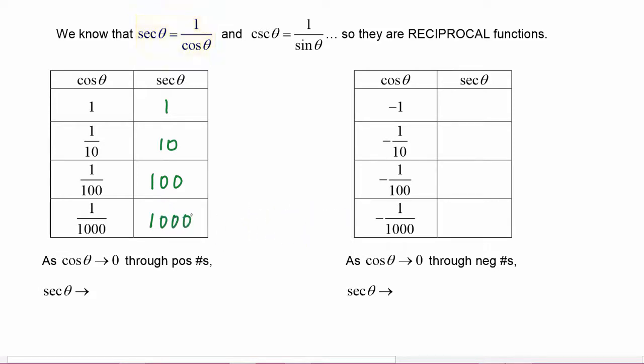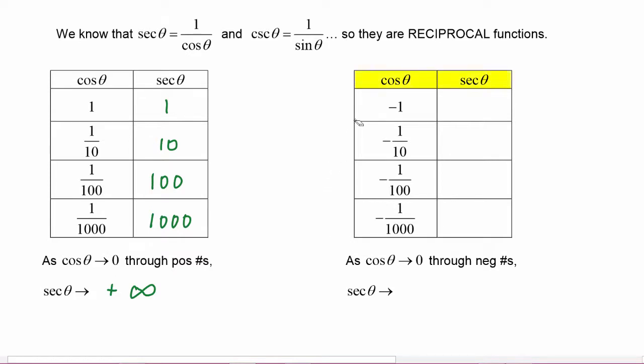So we can see that as cosine gets smaller and smaller, secant gets bigger and bigger. So as cosine goes to 0 through positive numbers, secant theta is going to go off to positive infinity. It's just going to get bigger and bigger as cosine gets tinier and tinier.